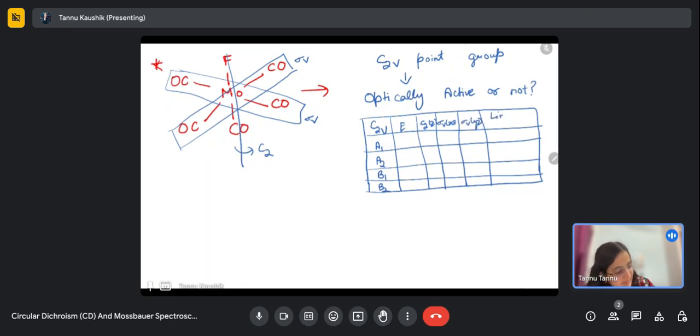So we will look into the linear functions and rotational functions with respect to each irreducible representation.